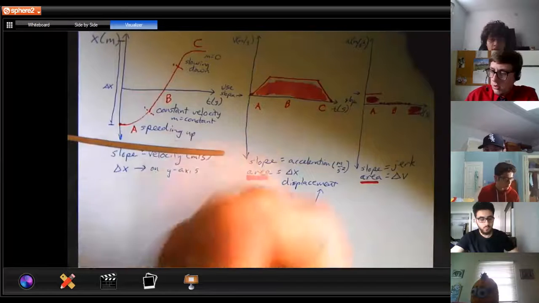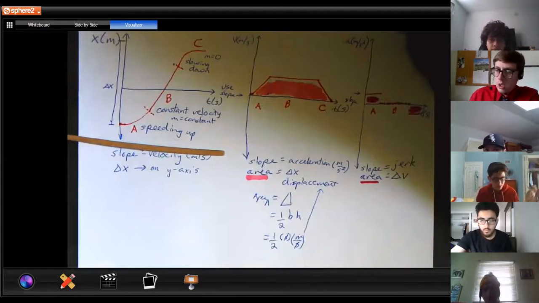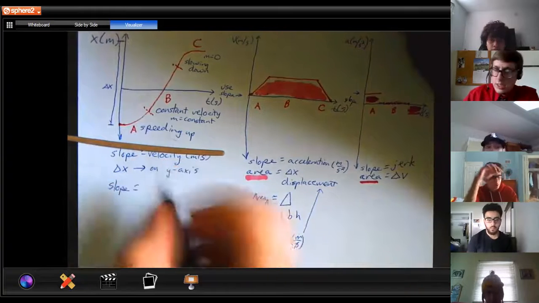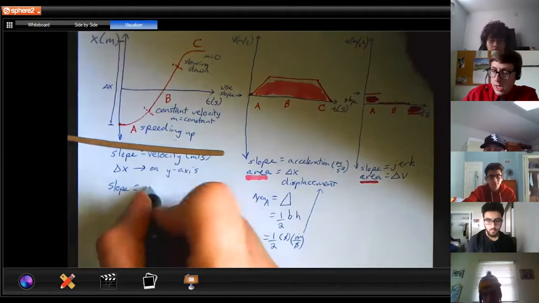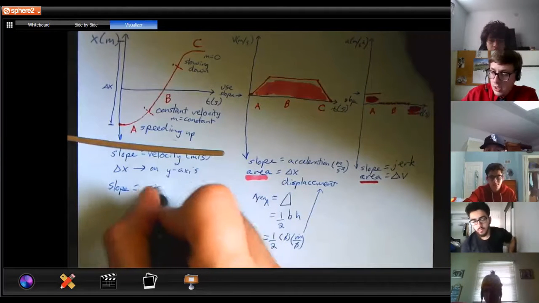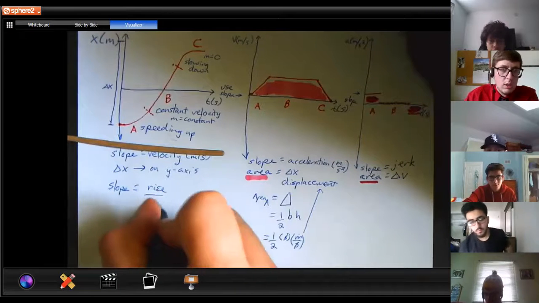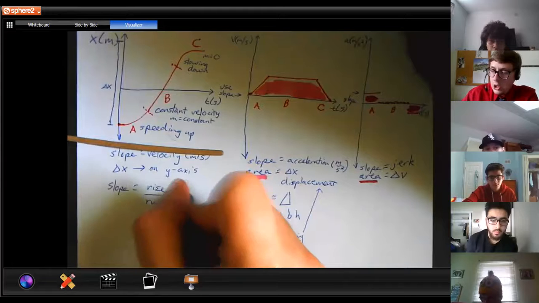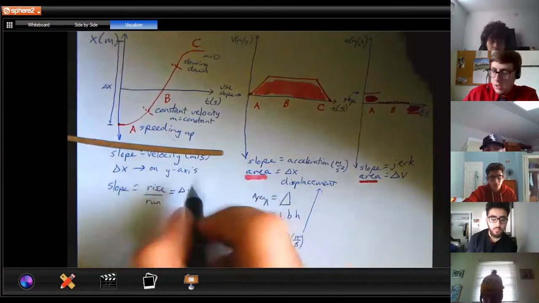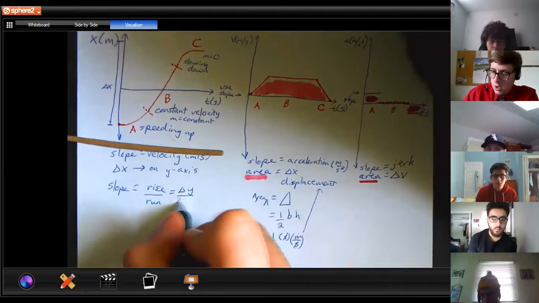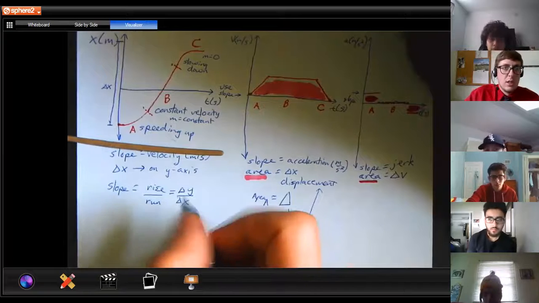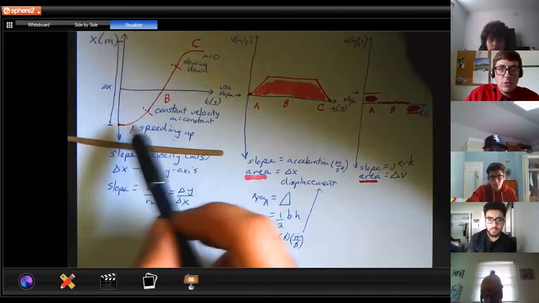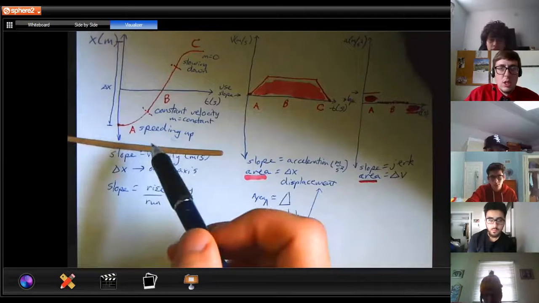So slope in general is just rise over run, or thought of differently, it's change in y over change in x, how much you've changed in the y direction divided by how much you've changed in the x direction.